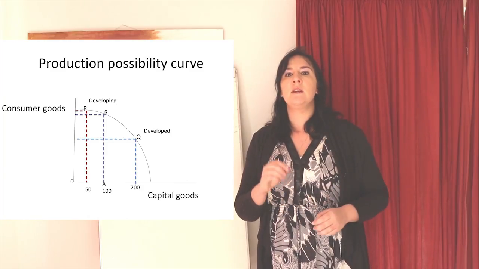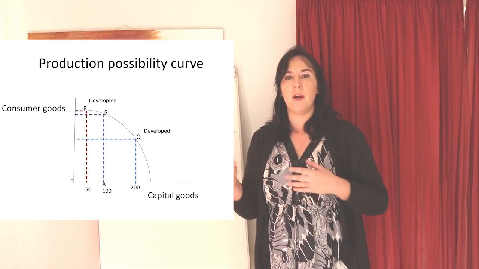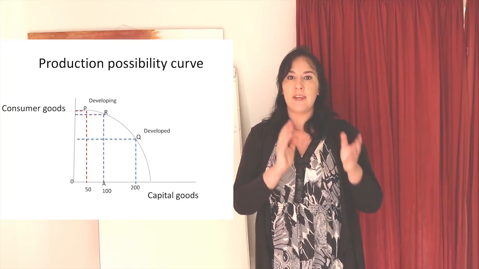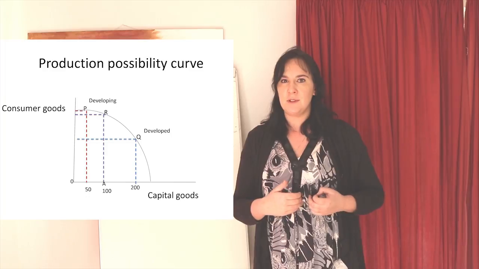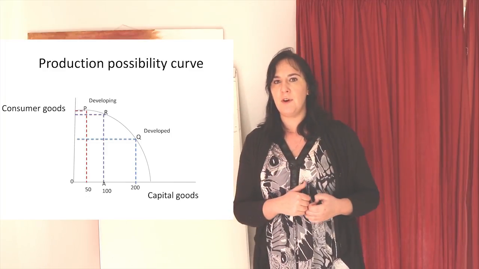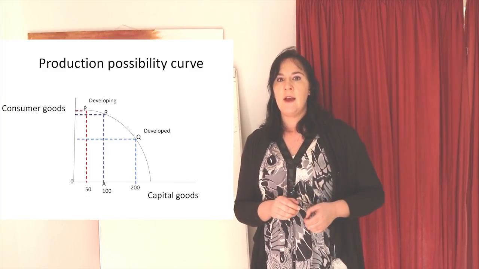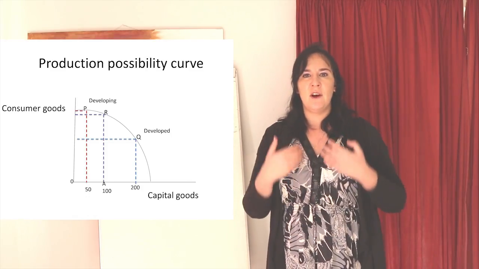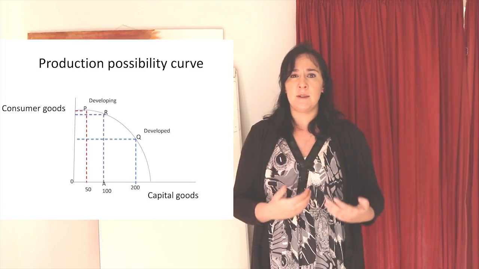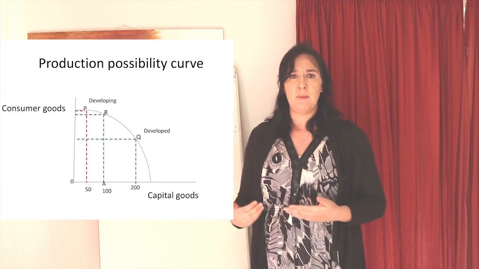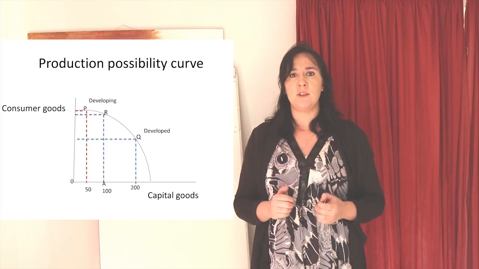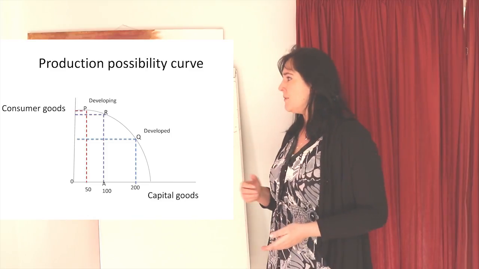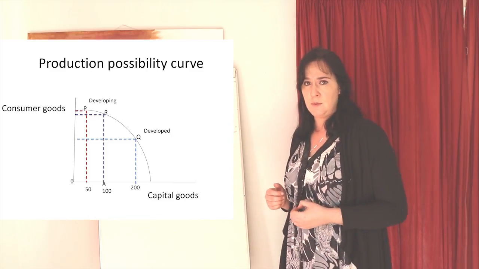So it makes sense that in a developed economy they are going to allocate most of these scarce resources to the production of capital goods, because these capital goods are going to lead to the production of further consumer goods, right? But in a developing economy, unfortunately, a lot of times it is just to sustain the economy. They don't have spare resources to allocate to the production of machinery and equipment. So most of their resources are going towards consumer goods.